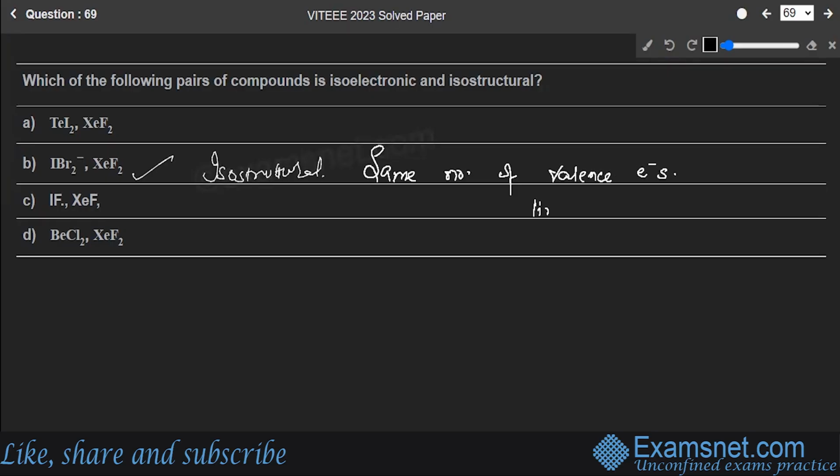Both have a linear geometry as they have 3 lone pairs and 2 bond pairs of electrons.